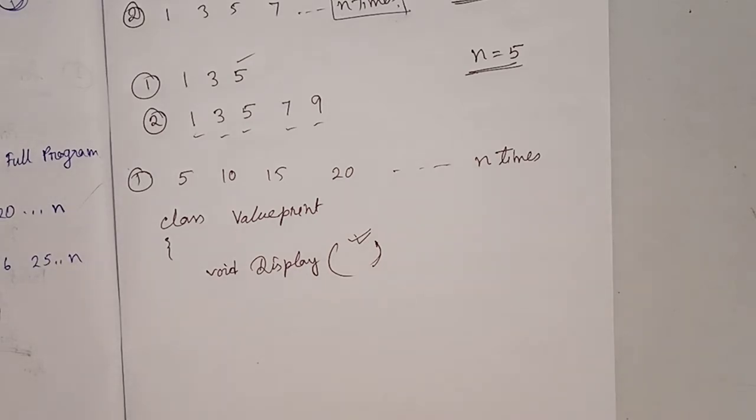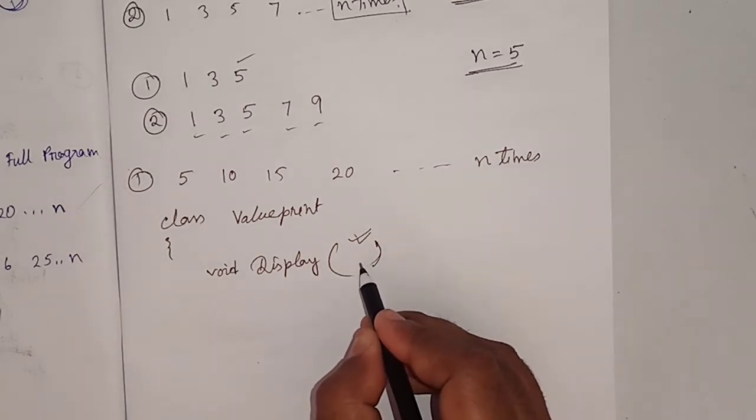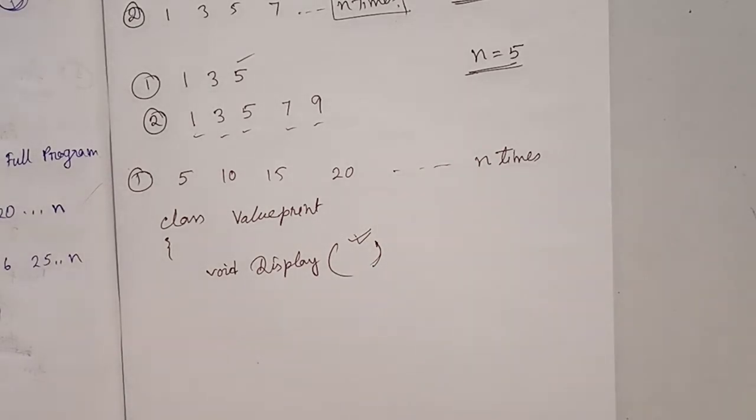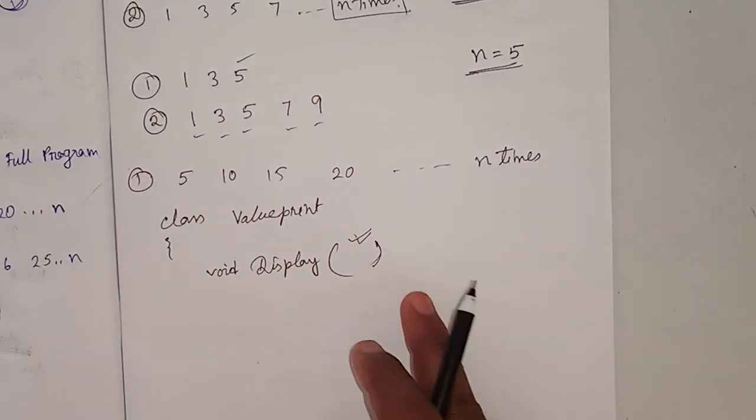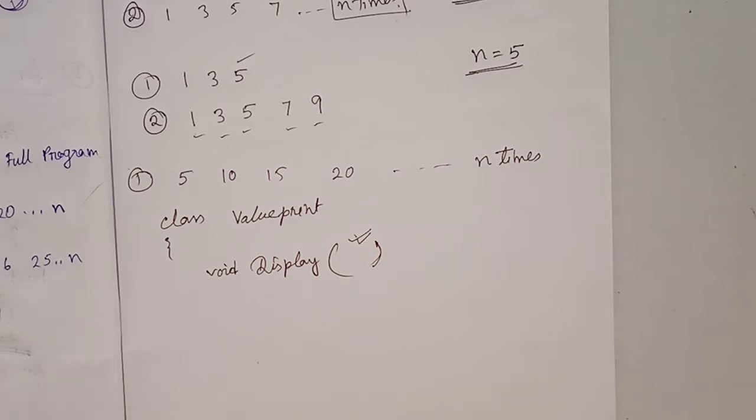Suppose those who don't know programming: if I say int n, how would they know what int means? How would they know what double means? So we are not providing any parameter. If your question has the method name and the parameter written in it, then you use the parameter. Otherwise, try to use the Scanner or the BufferedReader to print the message and take the input from the user.